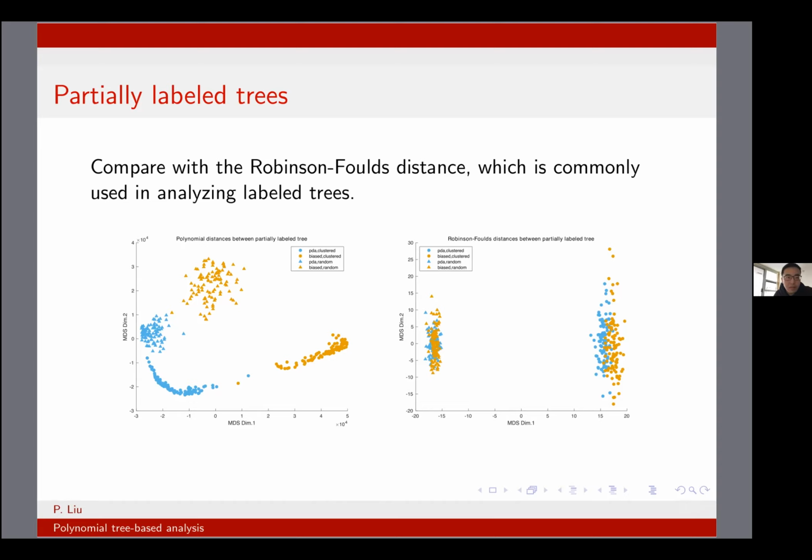And it can clearly distinguish the triangles and discs because they have different labels. But among those 2 clouds, especially on the left, you don't see a clear distinction between the different models or different tree topologies that can be separated.